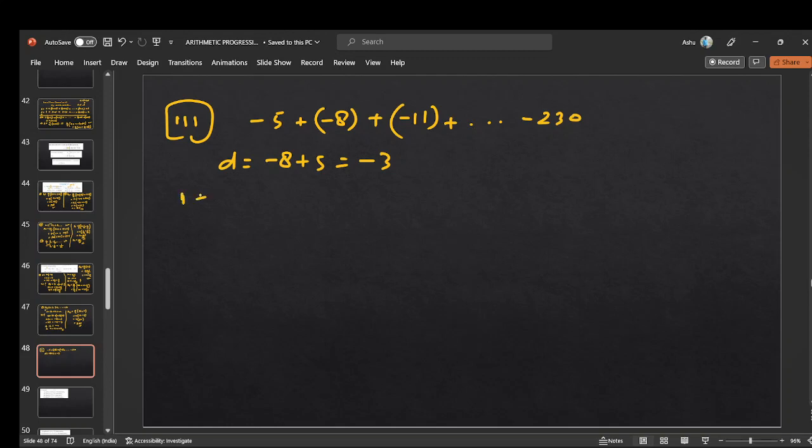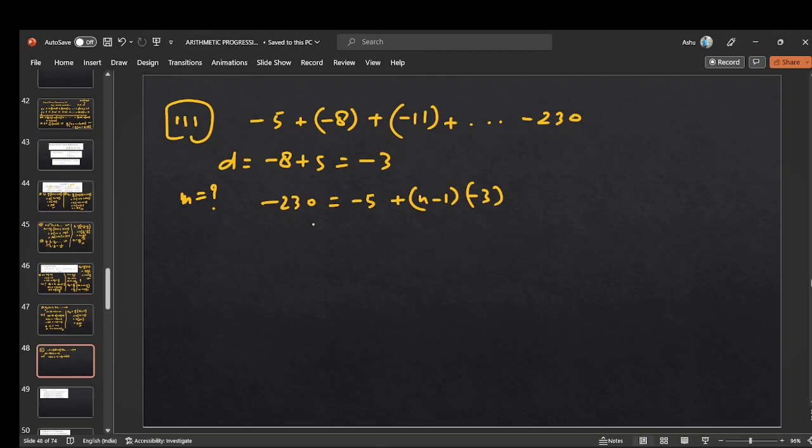Now for n, what will be the value? This will be with the help of last term minus 230, with the help of first term minus 5, plus we don't have information about n, then we put directly minus 3.